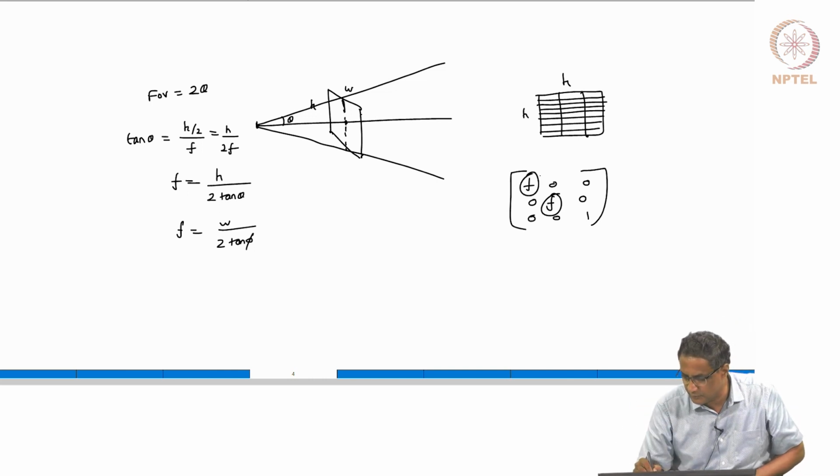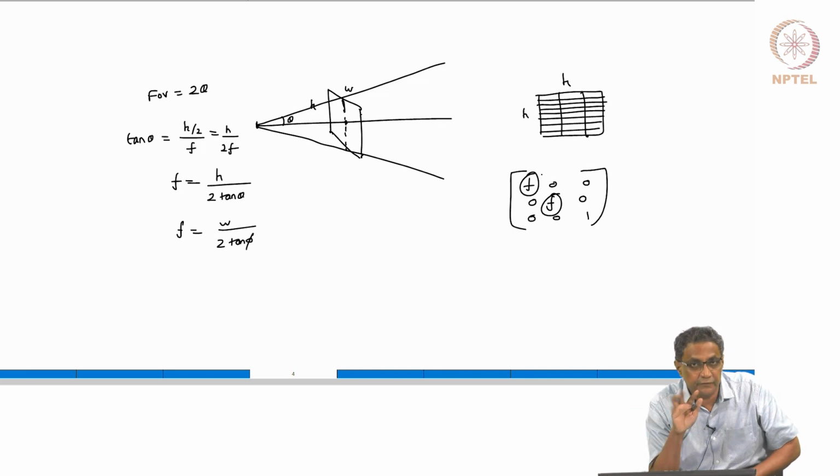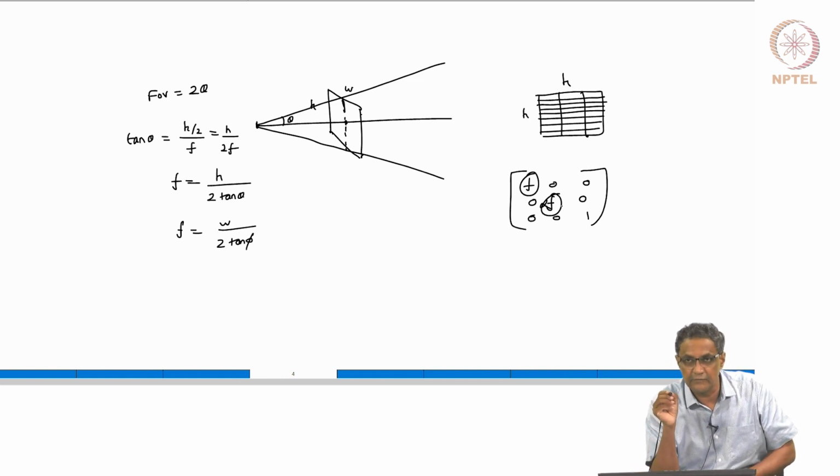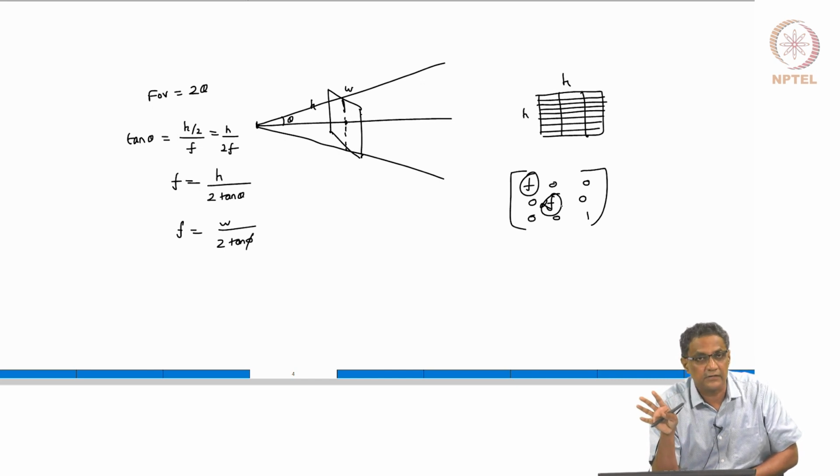This f is actually responsible for the x, and if the pixel density is not the same, then that has to be accounted for. And therefore, what is normally done is we write this as alpha f. If alpha is 1, then the pixel density is the same, but alpha could be less than 1, could be more than 1. If alpha is different, then your pixel density is actually not the same, and therefore should be accounted for when you do this conversion. Is it okay?